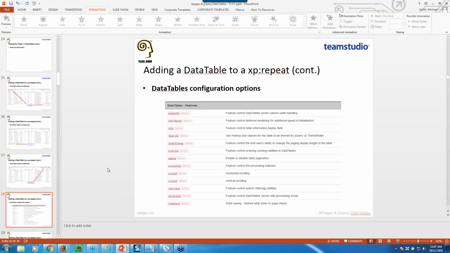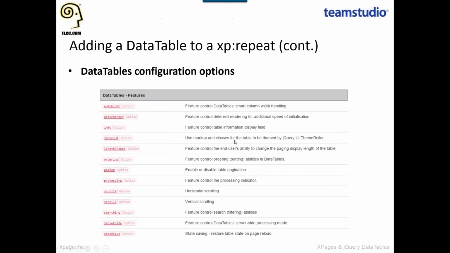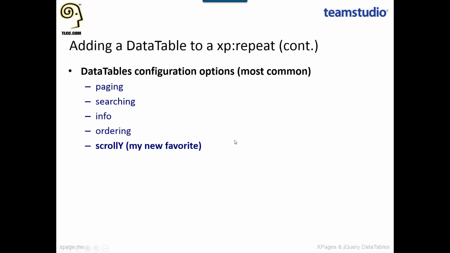With the configuration options, as you are adding data tables to your application, you're going to focus on a handful here. You probably saw me typing in paging, searching, info. Ordering I did not do anything with, but you might not want to give users the ability to sort the columns.